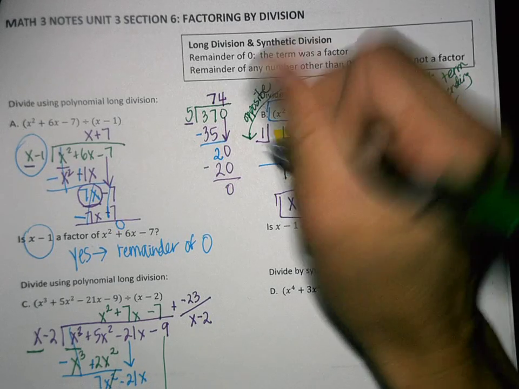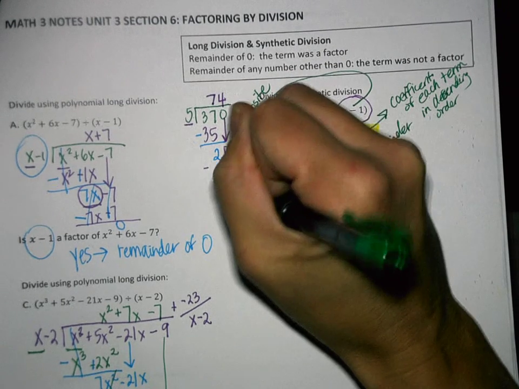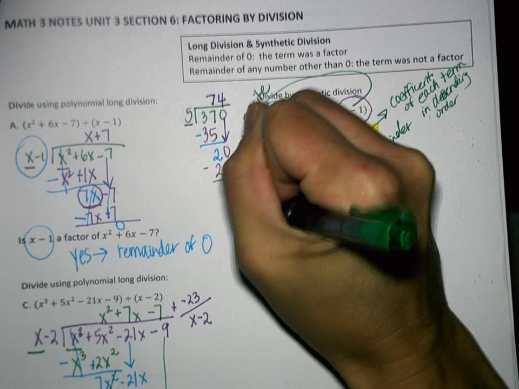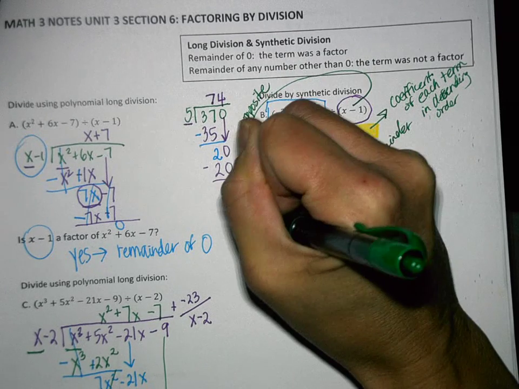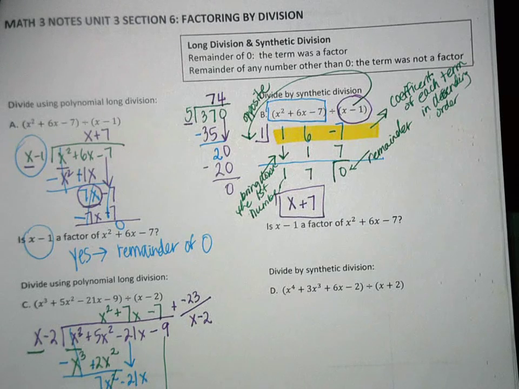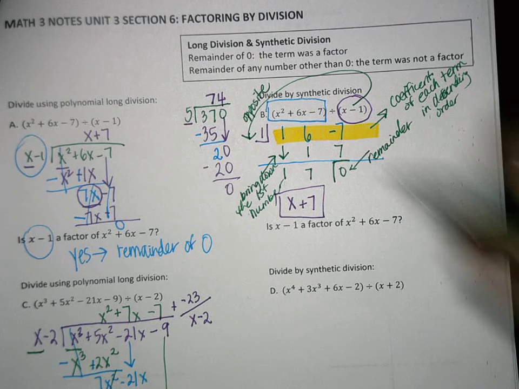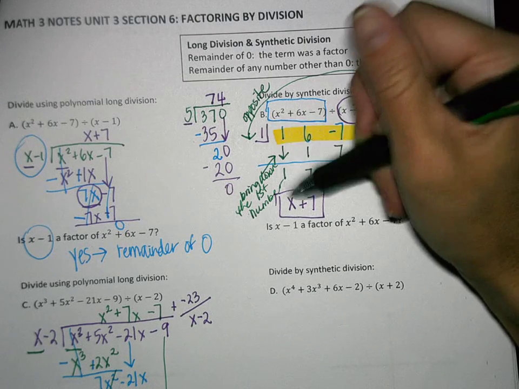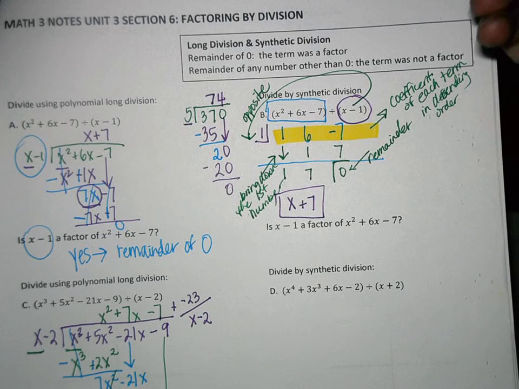Here, bring down the first number. And then you multiply each number. Would that make sense?